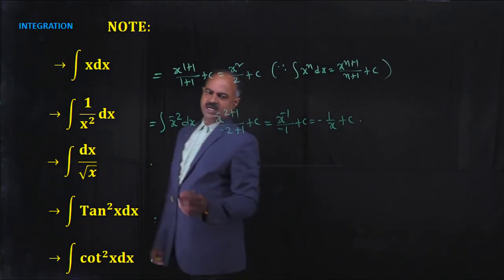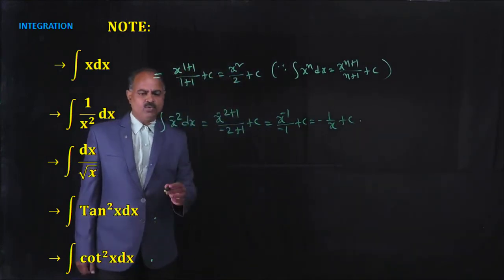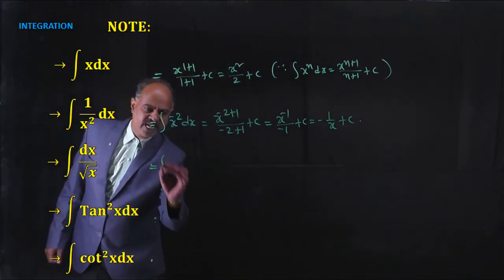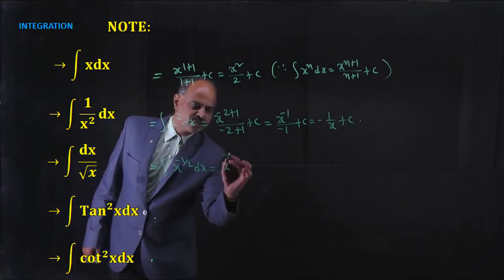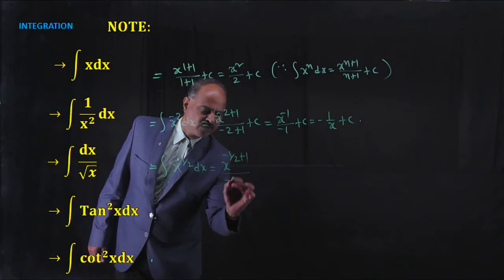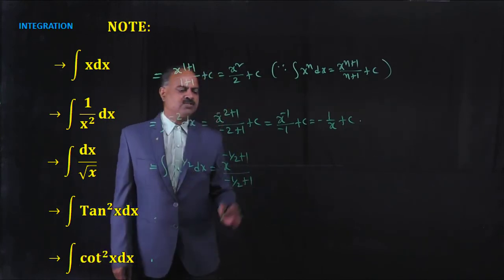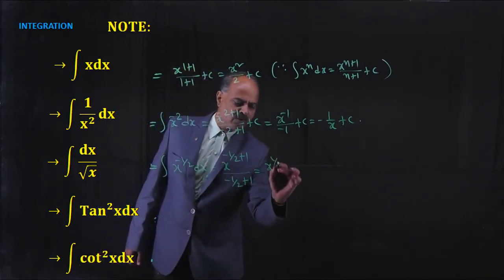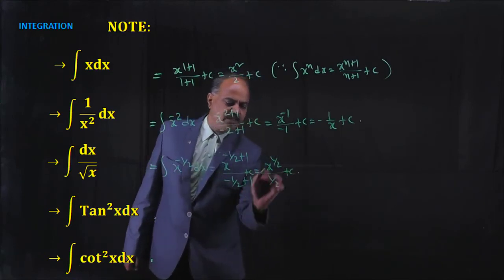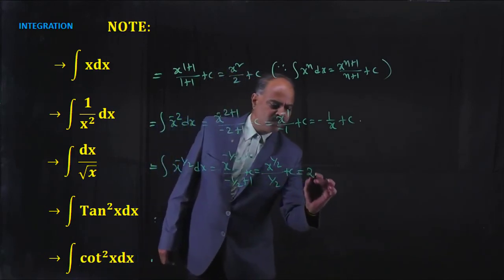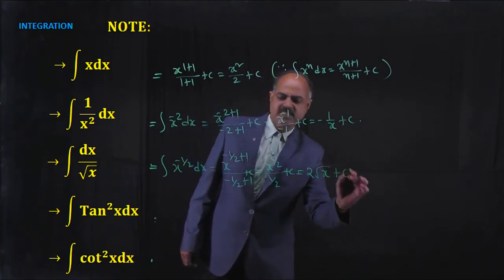Next one is integral dx by root x. Now this can be written as integral x power minus 1 by 2 dx. That is equal to x to the power minus 1 by 2 plus 1 by minus 1 by 2 plus 1. That is equal to x to the power 1 by 2 by 1 by 2 plus integration constant c. Now here 2 into square root of x plus a.